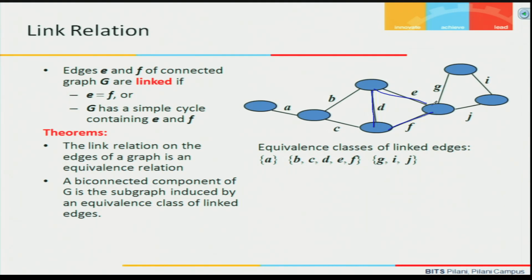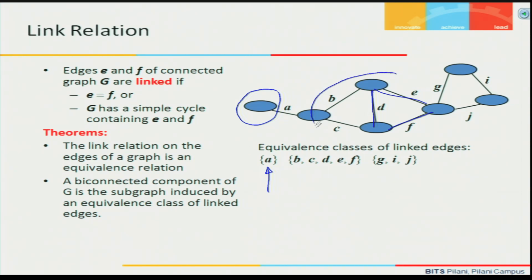The equivalence classes that it is going to generate are, first, the class of A, which is just going to have A, because along with A you do not have any other edge which is going to lead us to a cycle. So, A is isolated, an equivalence class with only one single element.